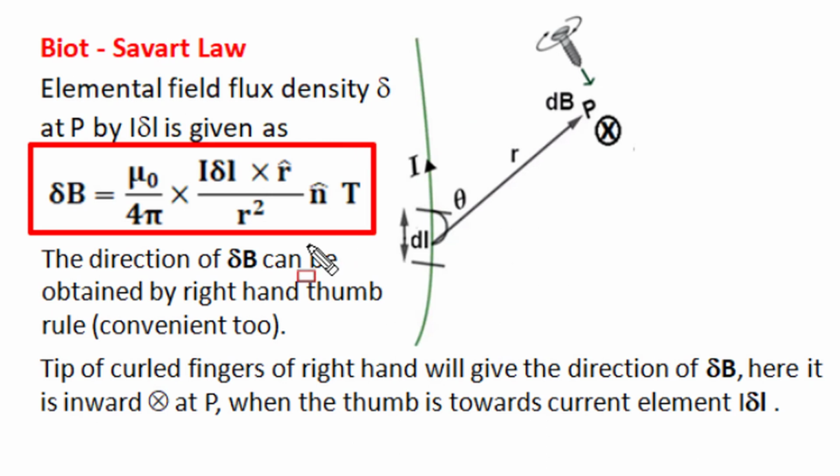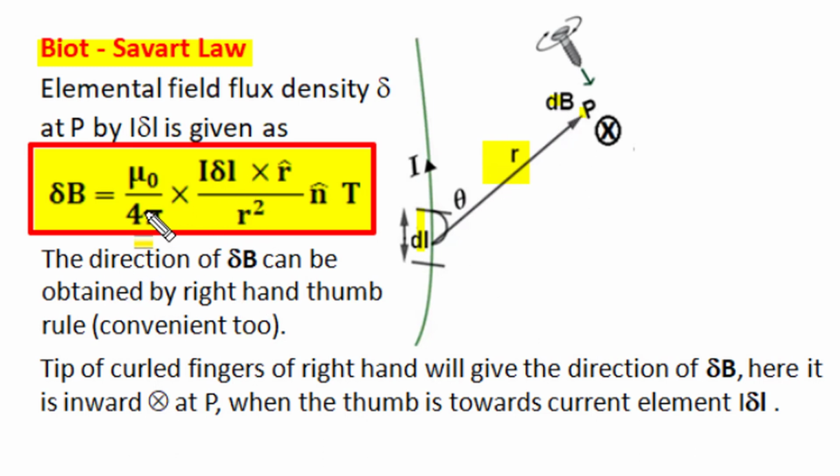This relation in red frame and yellow highlight is the vector format of Biot-Savart law, and it says that the elemental magnetic contribution at point P by a current element I delta L is directly proportional to the cross product of the current element and position vector, and it is inversely proportional to the square of the distance between the current element and position, 1 over r square.